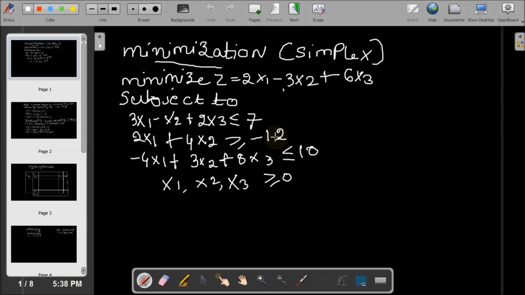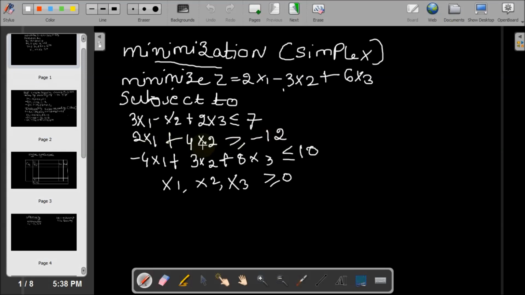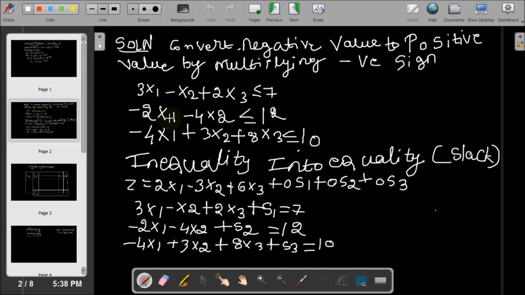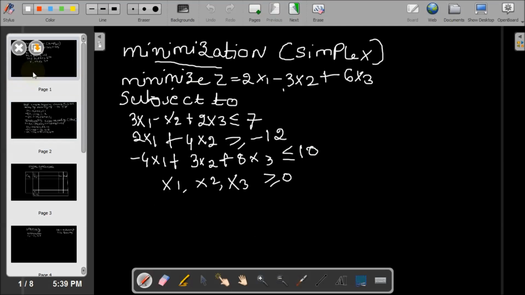So what you have to do is multiply the second constraint with the minus sign. When you multiply the second constraint with a minus sign, the inequality condition also changes.